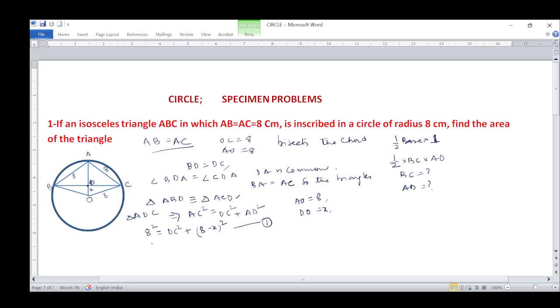Now coming to the second one, I mean the triangle ODC. What will happen? OC square is equal to DC square plus OD square, which indicates that OC square, we know it is 8 square, is equal to DC square plus OD square, which we have assumed as x square.